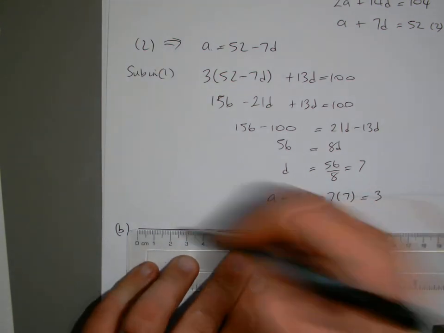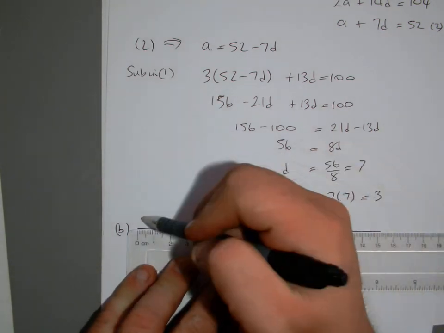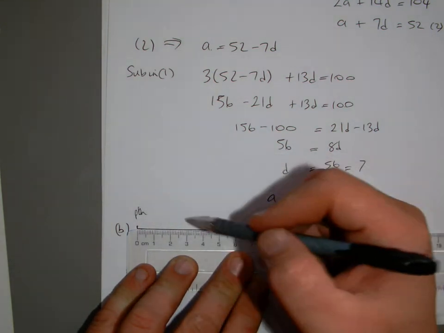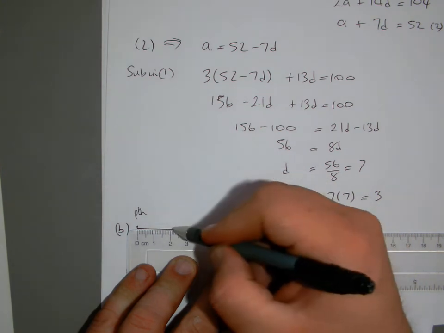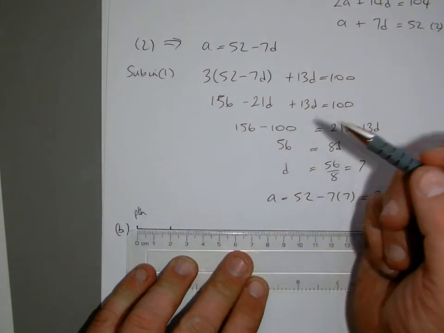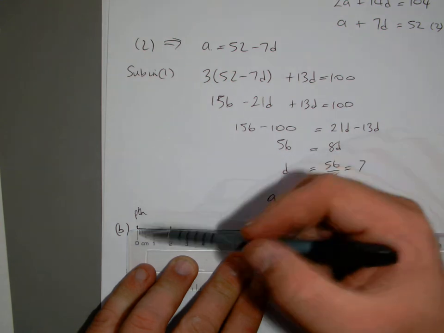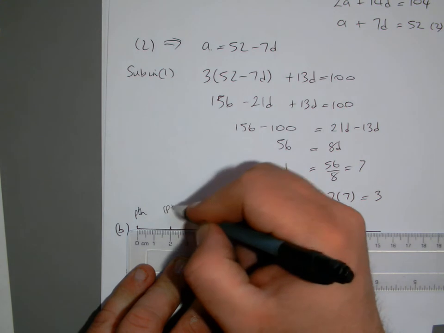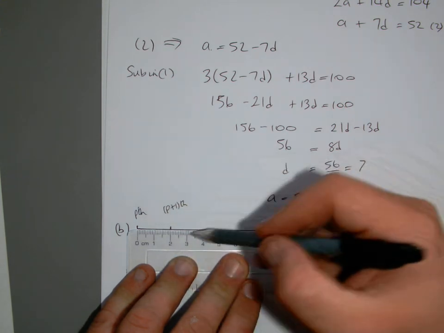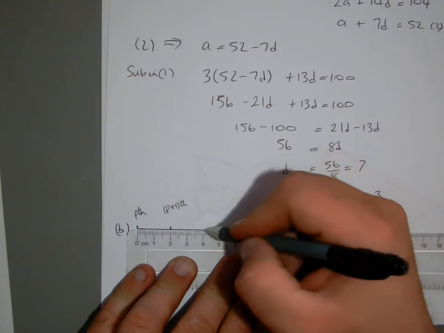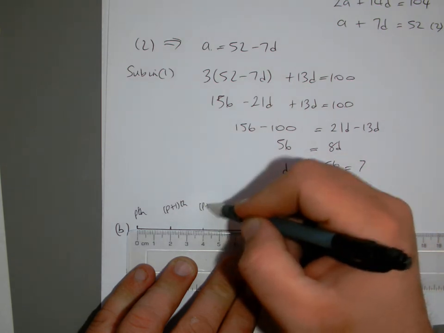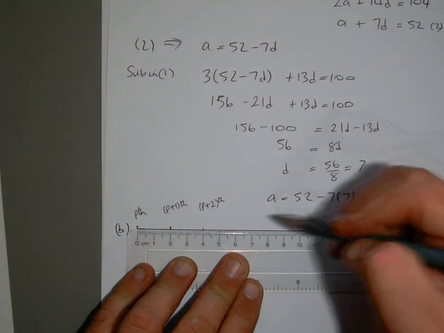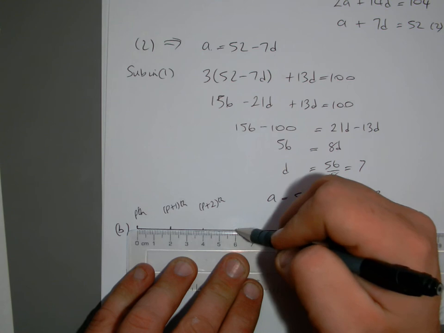So this would be, if you think about it here, the start, right? If we call this the pth term. So then if we go along one common difference, so just try and measure accurately here so you get a better idea what's going on. So one lot of common difference, then that'll be the p plus 1th term, won't it? And then if I go along another difference, this will be the p plus second term, and then go along another difference.